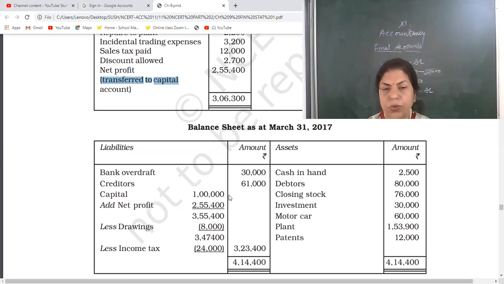So the net amount will be in the outer column, that is 3,23,400. The total will be 4,14,400.